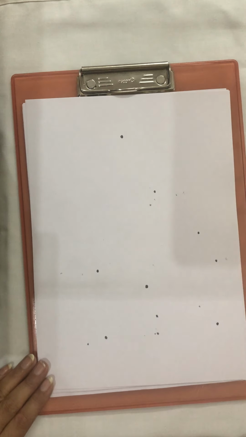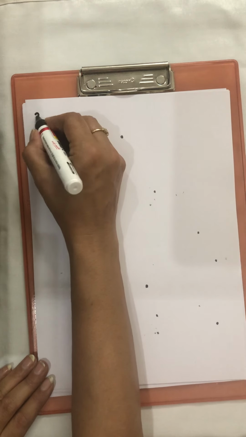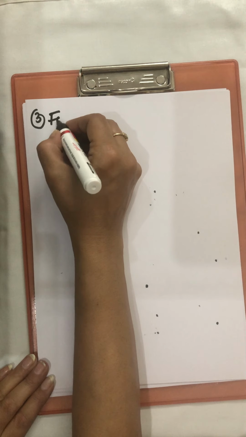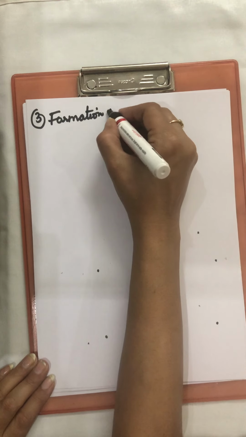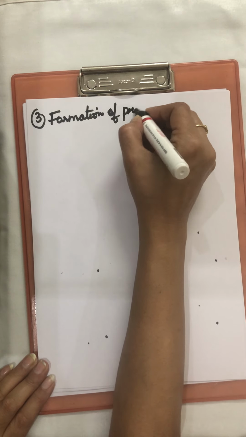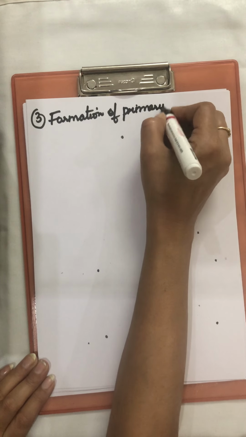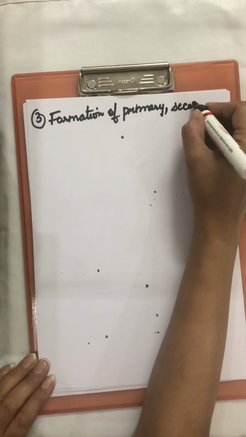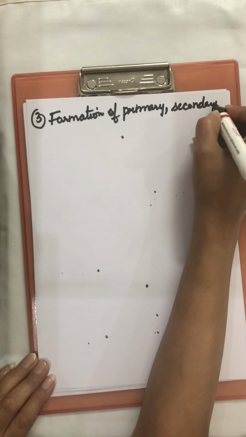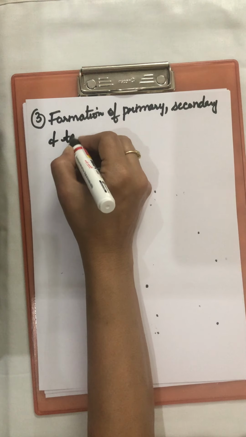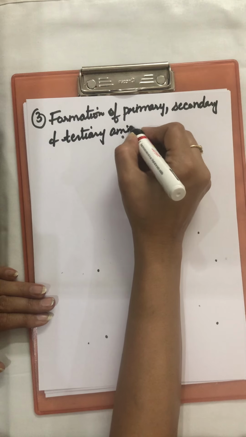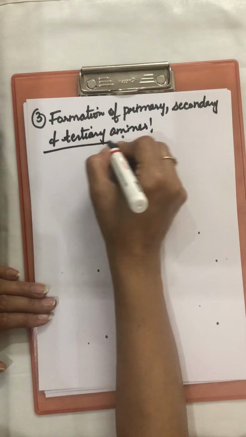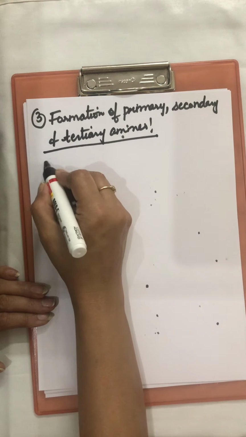Third chemical property, formation of primary, secondary and tertiary amines. All three kinds of amines can be prepared from haloalkanes.